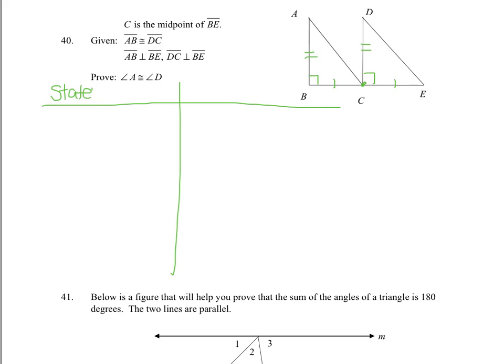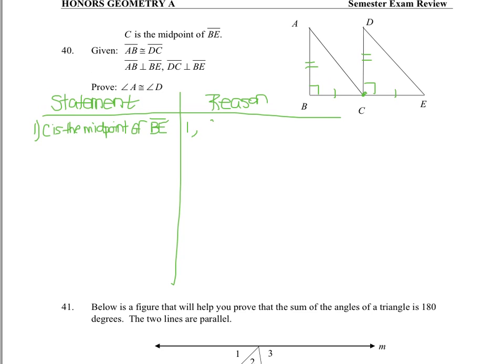So again, I'm going to do a two-column proof. I'm going to start with my first given. C is the midpoint of BE. And my reason for that is that it's given.